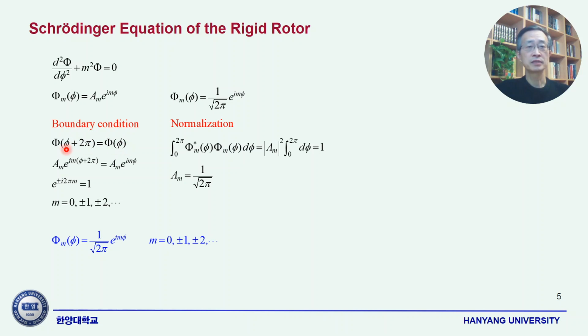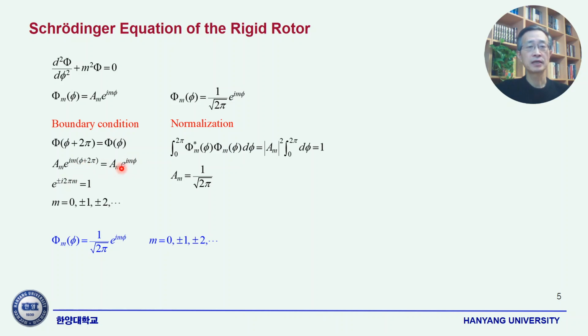Okay, and then this boundary condition will restrict your m value, because this a_m is cancelled, and then what you have here is e^{im phi} times e^{im 2 pi}.